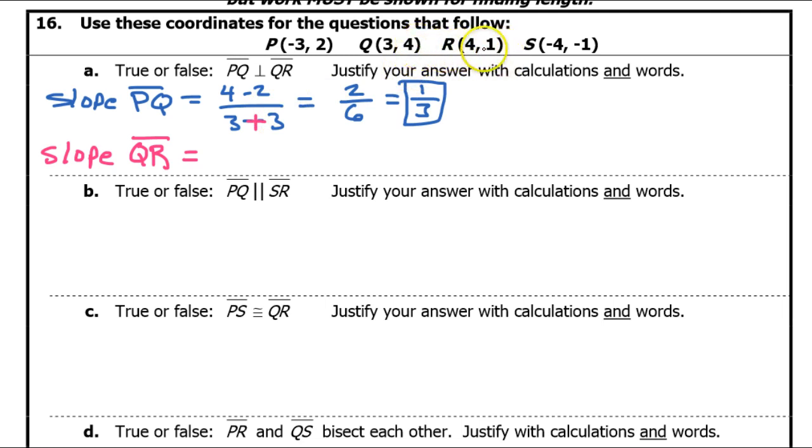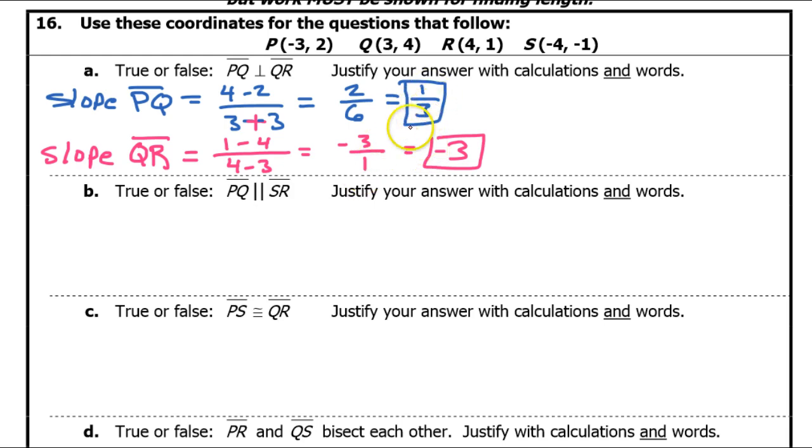So that's going to be 1 minus 4 over 4 minus 3. 1 minus 4 is negative 3, and 4 minus 3 is 1. So that's just going to be negative 3.